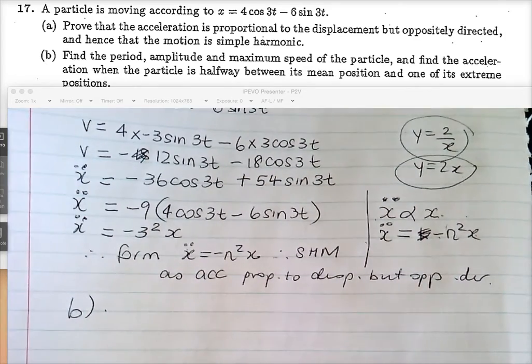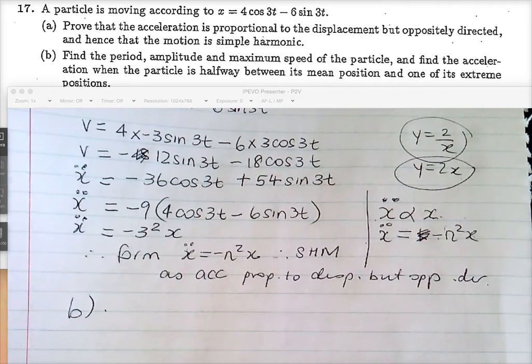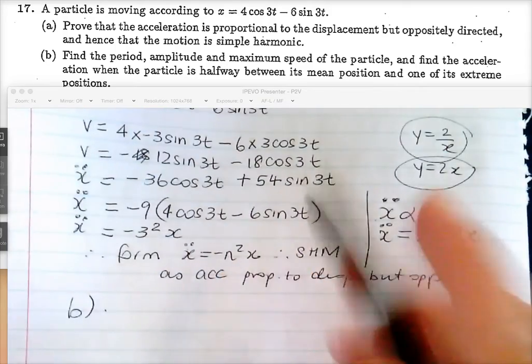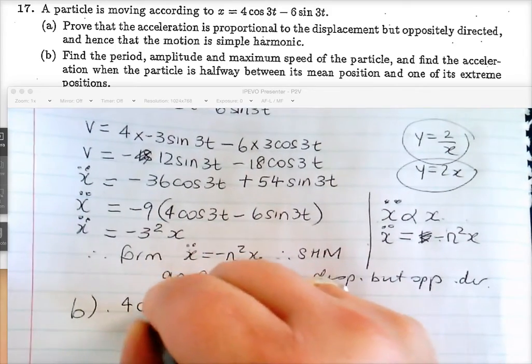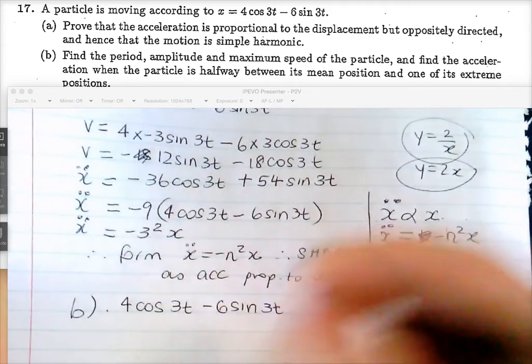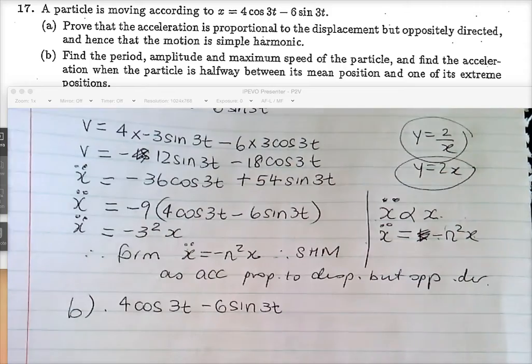It says find the period, the amplitude, and maximum speed of the particle. Now look at it. It's not in the form that you can find anything with. So we need to rearrange the 4 cos 3t minus 6 sine 3t into either a cos curve or a sine curve.